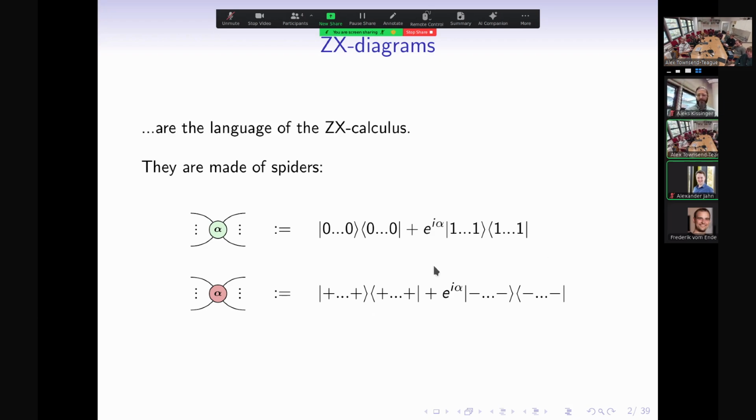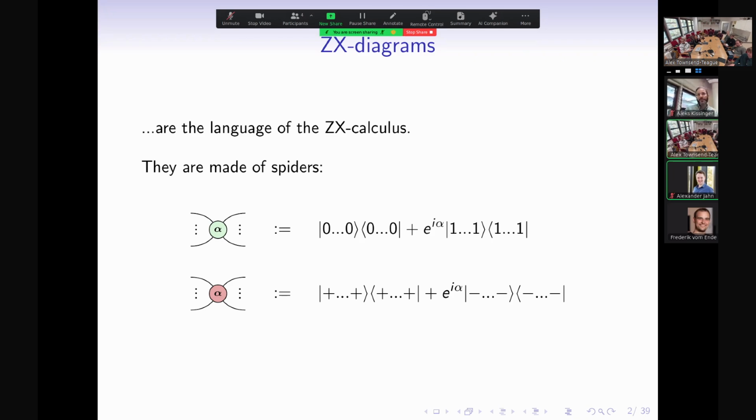If these things have one leg in and one leg out, then they're a Z phase gate or an X phase gate. But it turns out it's very handy for building lots of other stuff to consider these many-legged versions. What that does is project you down to the 2D space where all of these basis states are the same, and then apply a relative phase between the two vectors in that space. And that's all they do.